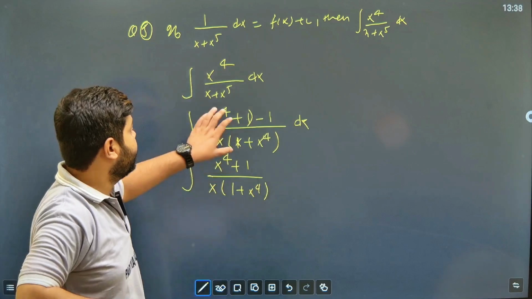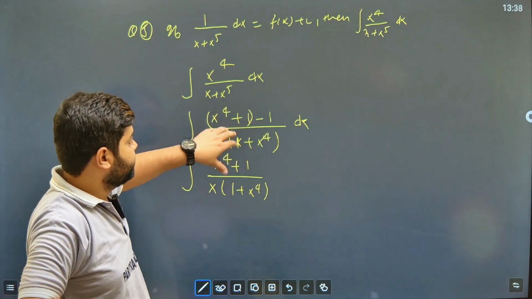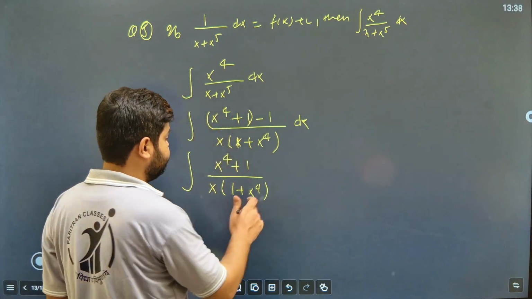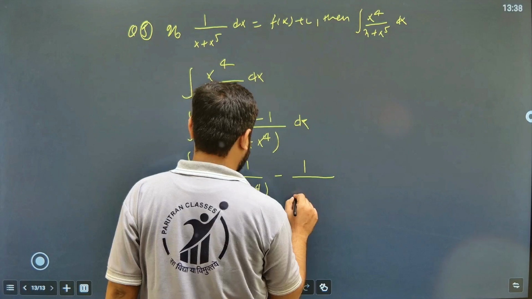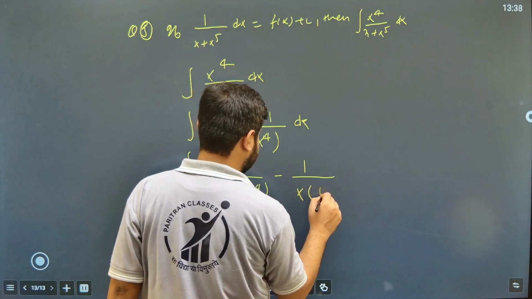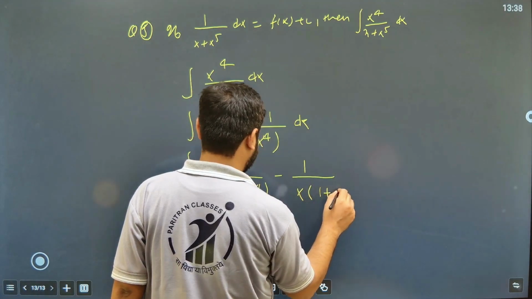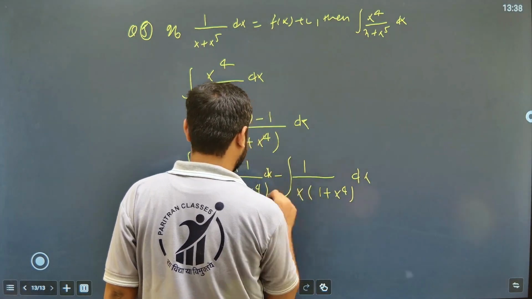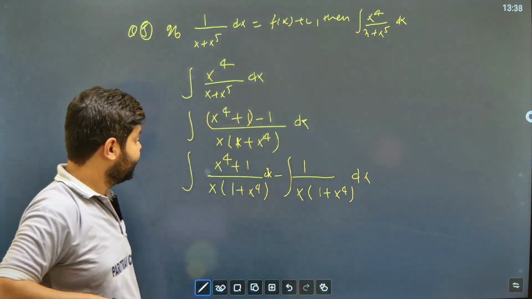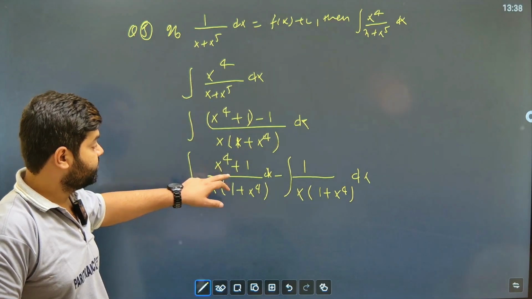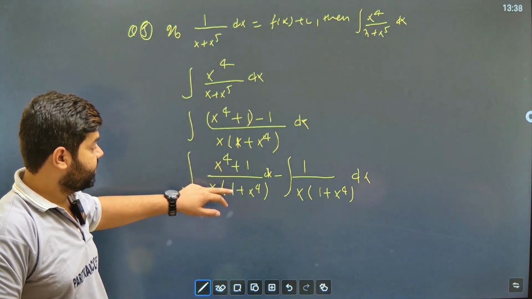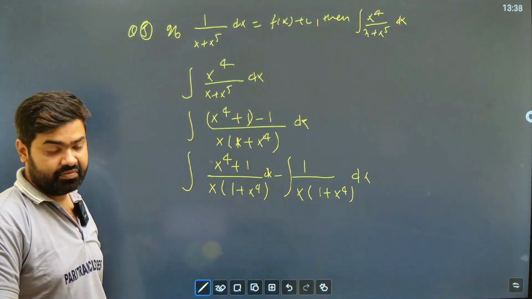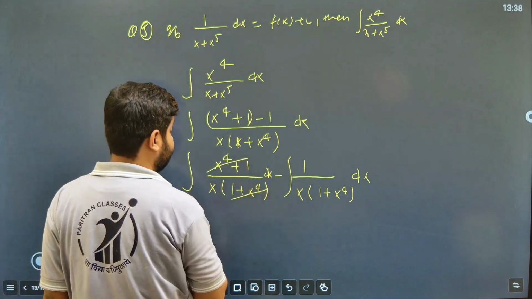Simply we have to separate the numerator, and here we can write x plus x into x plus x to the power 4 dx. We can see here x to the power 4 plus 1 is there in the numerator and denominator both, so we can cancel it out.